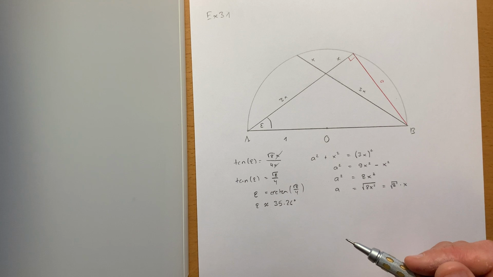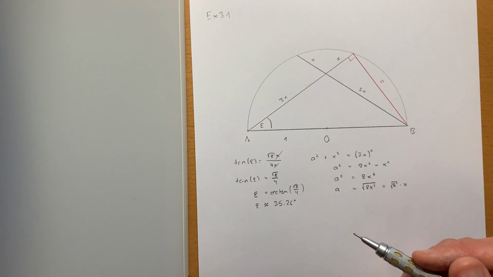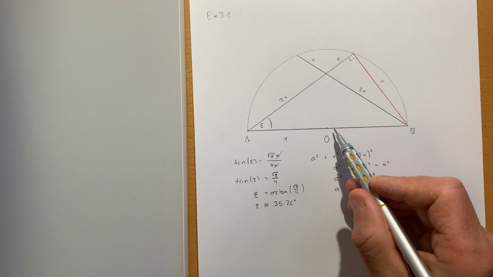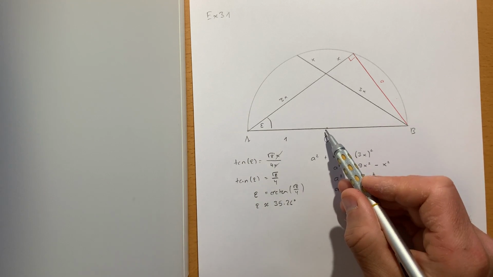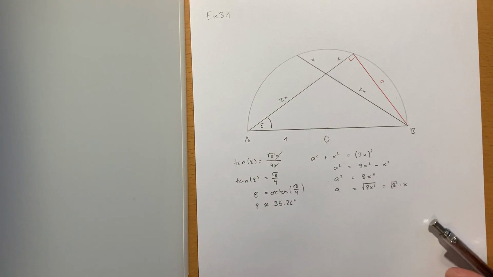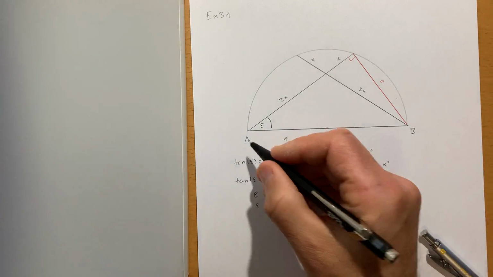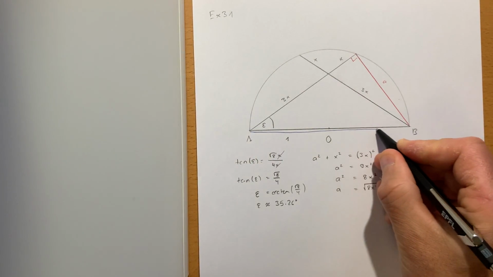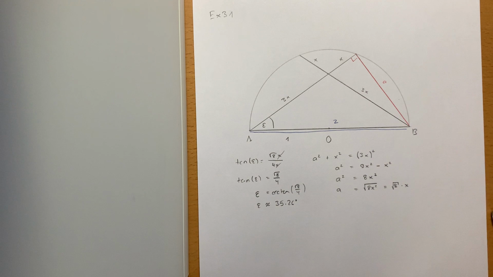But now, how do we work out x? Well, that's quite easy. Look, the radius of this semicircle is 1. So that means this length here is obviously 2.